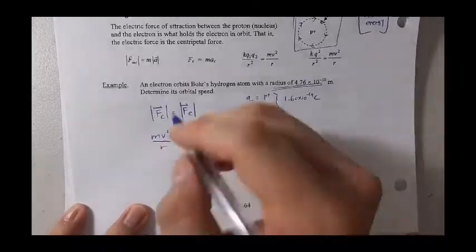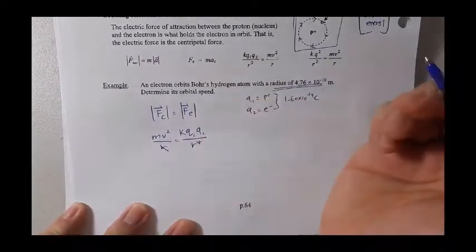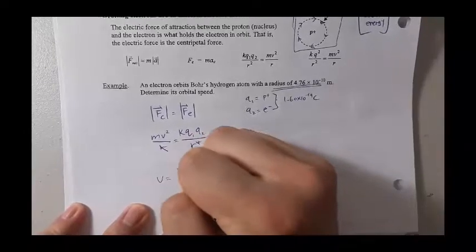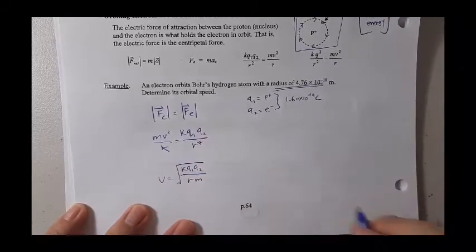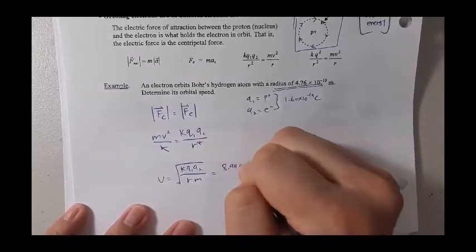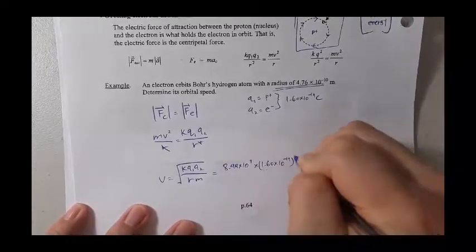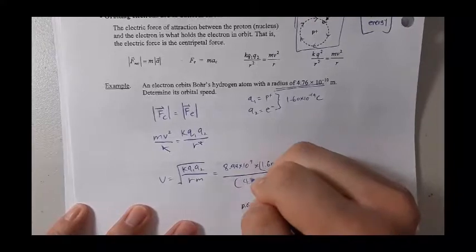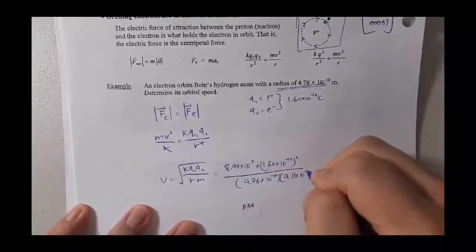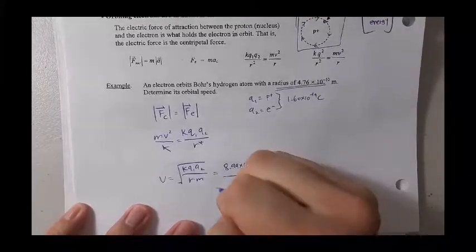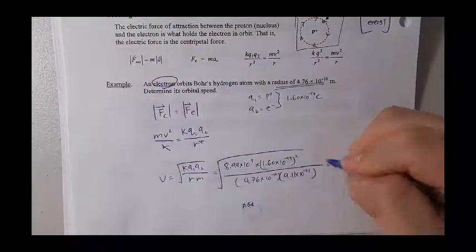So we can find the orbital speed. First of all, can you see r and r squared? Multiply by r on each side, so r will disappear. v is equal to the square root of kq1q2 over rm. We're talking about the electron over here, so the mass should be the mass of the electron.